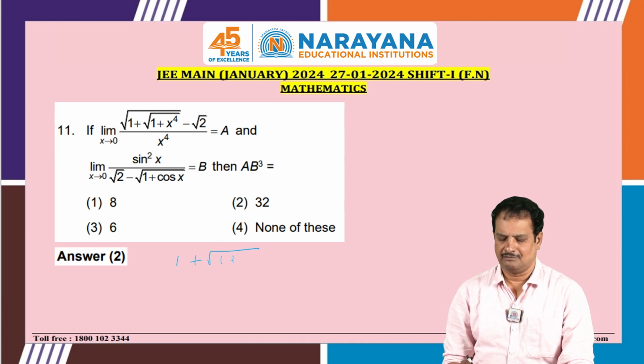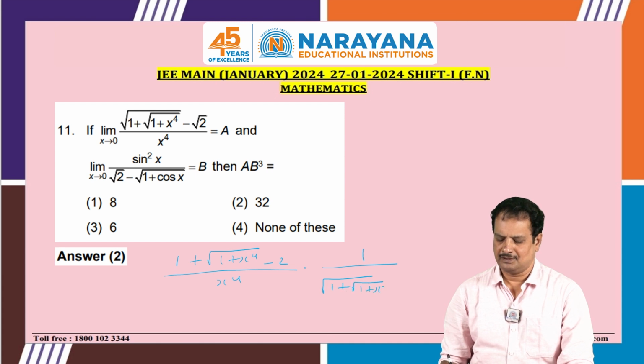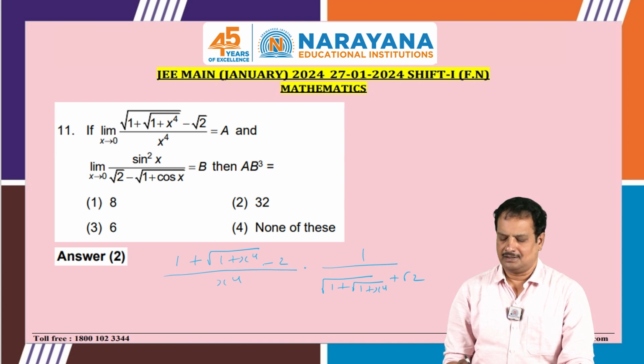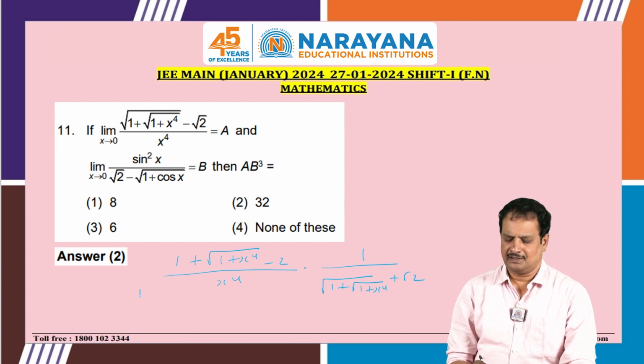1 plus root over 1 plus x power 4 minus 2, divided by x power 4, into 1 divided by root over 1 plus root over 1 plus x power 4 plus root 2. If you apply the limit for this one, here 1 and minus 2, the minus 1. But again, if you rationalize this one, you are going to get 1 plus x power 4 minus 1 by x power 4 into 1 plus x power 4, because the remaining terms are root over 1 plus x power 4 minus 1.